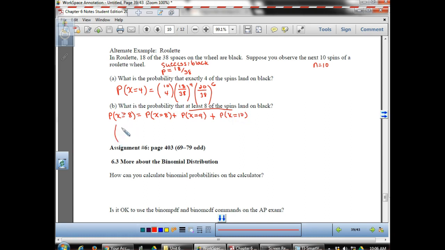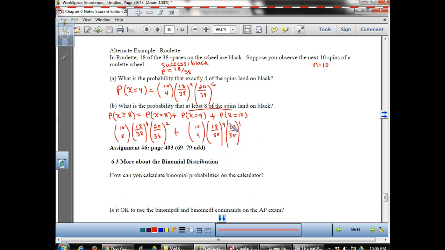So this is going to be 10 choose 8, so the number of ways to arrange 8. And then I have 18 over 38, my probability for success, to the 8. And then my remaining 2 are going to be used there, so the probability of failure raised to the power of 2. Then I just do 10 choose 9, 18 over 38 to the 9th, 20 over 38 to the 1st.